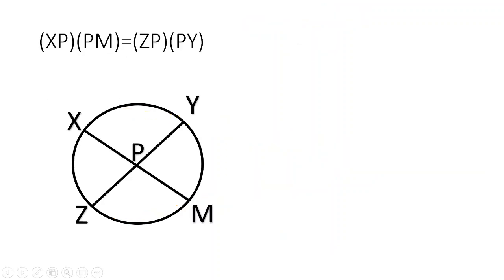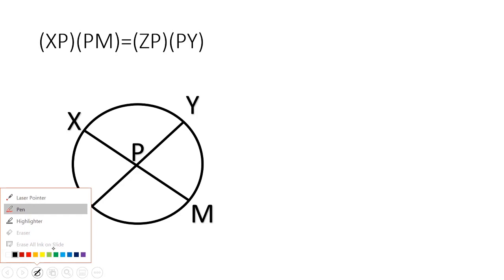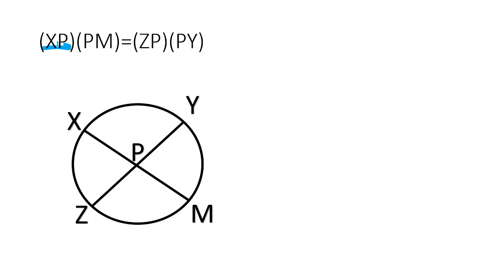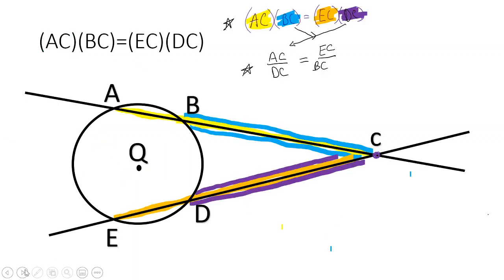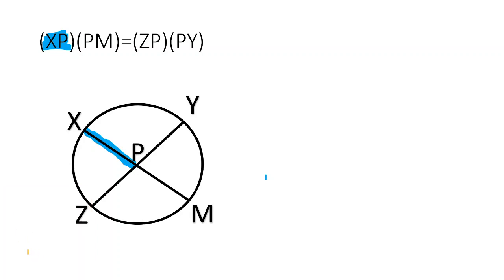All right. So now let's see what happens with chords. With a chord, you have the same thing occurring. So we have XP, which is part right there, is proportional with PM, which is the other half, as ZP is to PY.